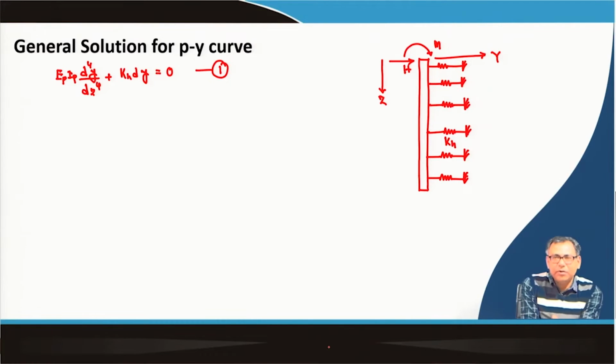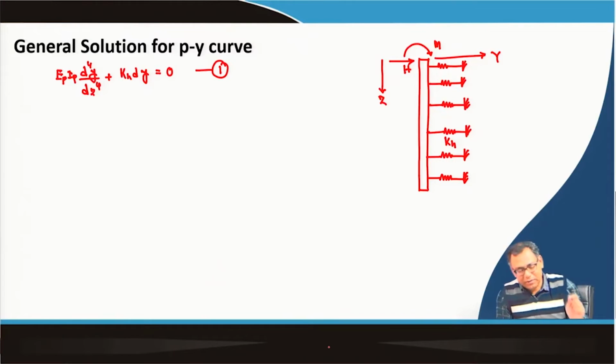This is the common beam equation that I have already discussed, or even derived, during my shallow foundation class on beams on elastic foundation. You can see those lectures and find how this equation comes. The only difference is that in that case it was only E I, and here it is E p I p, that means the elastic modulus and moment of inertia of the pile.